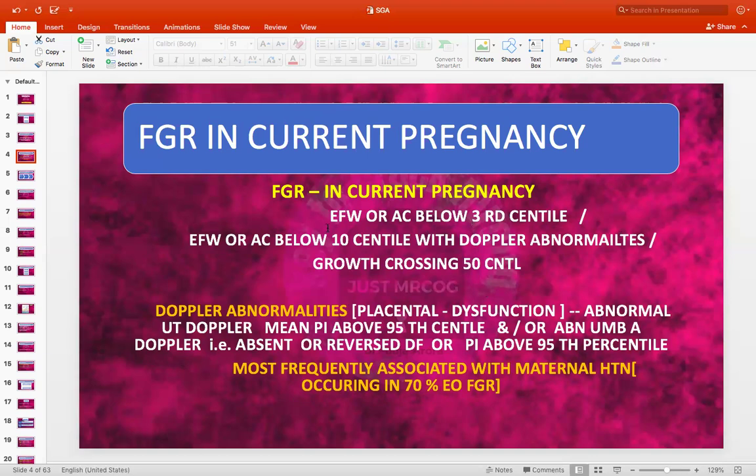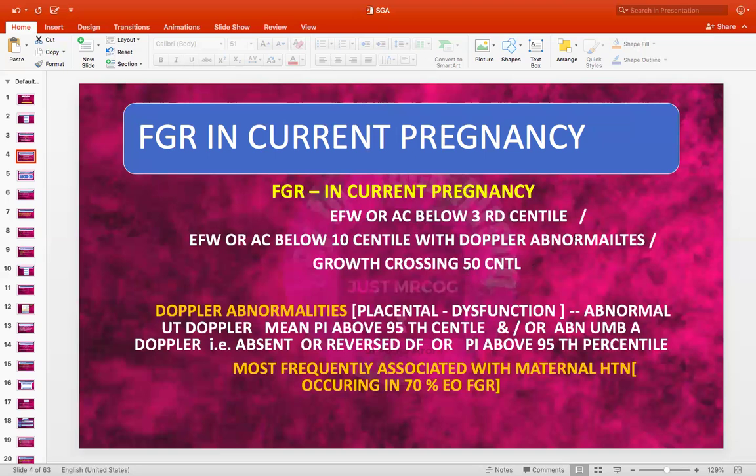When we see the growth chart and compare two growth measurements, the growth interval shows that there is growth decreasing by 50 centiles.